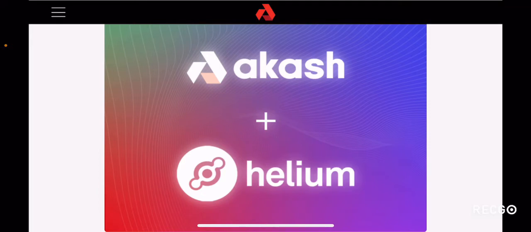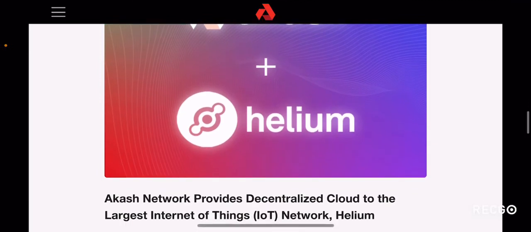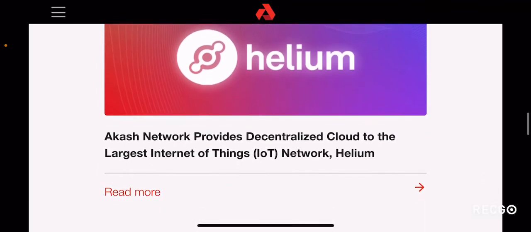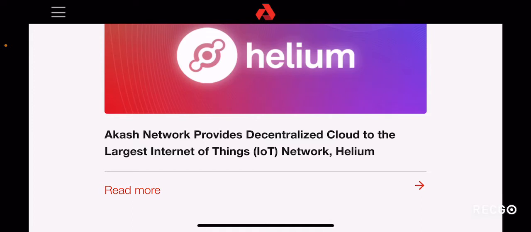So this project has obviously partnered with Akash, and I believe Akash has gathered some inspiration from Helium Network, and that probably inspired them to create their own device to earn their native token.